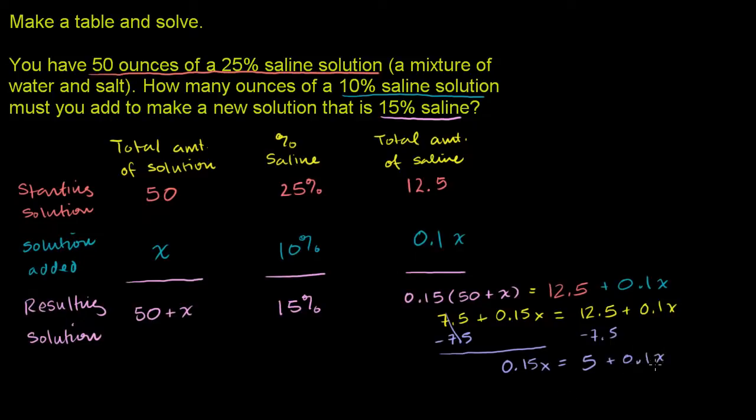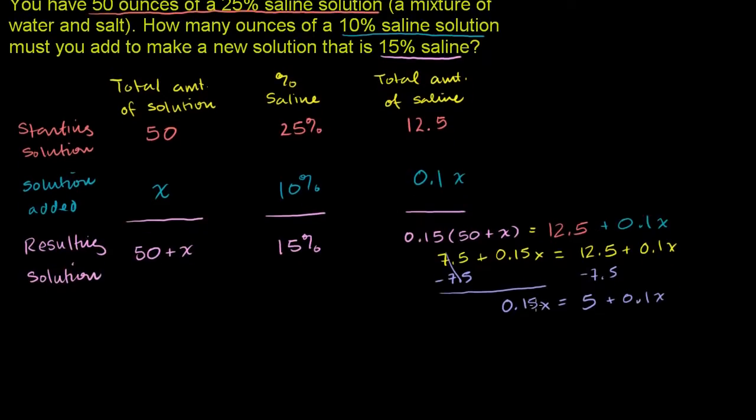Now we can subtract 0.1x from both sides of this equation. These are the same number, so they cancel out. The left-hand side, we just end up with 0.05x is equal to 5.